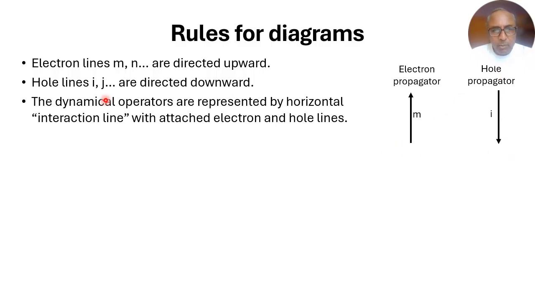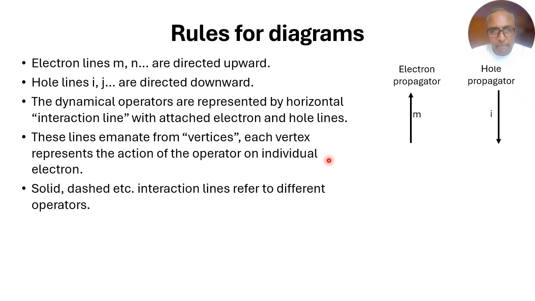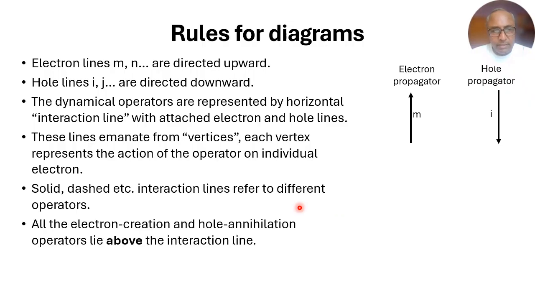The dynamical operators are represented by horizontal interaction lines with attached electron and hole lines, and these lines emanate from vertices. Each vertex represents the action of an operator on the individual electron or hole. Solid, dashed, etc. interaction lines refer to different operators.